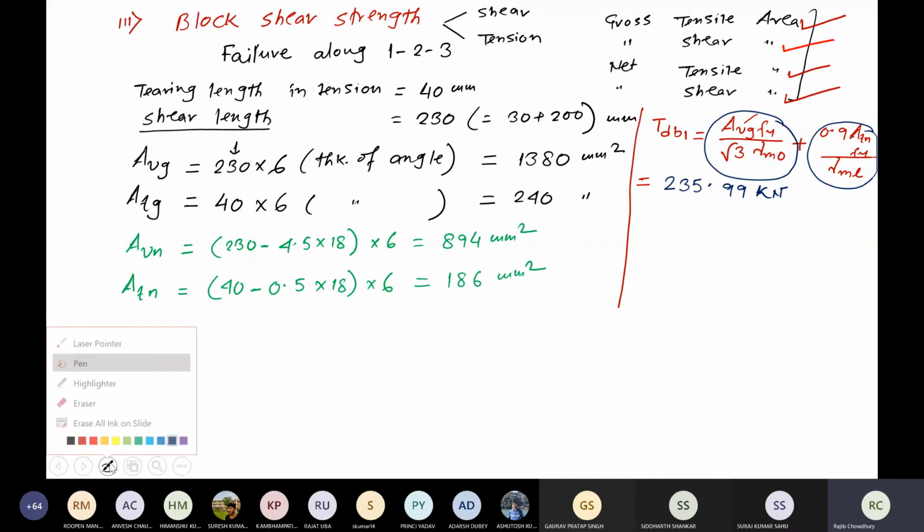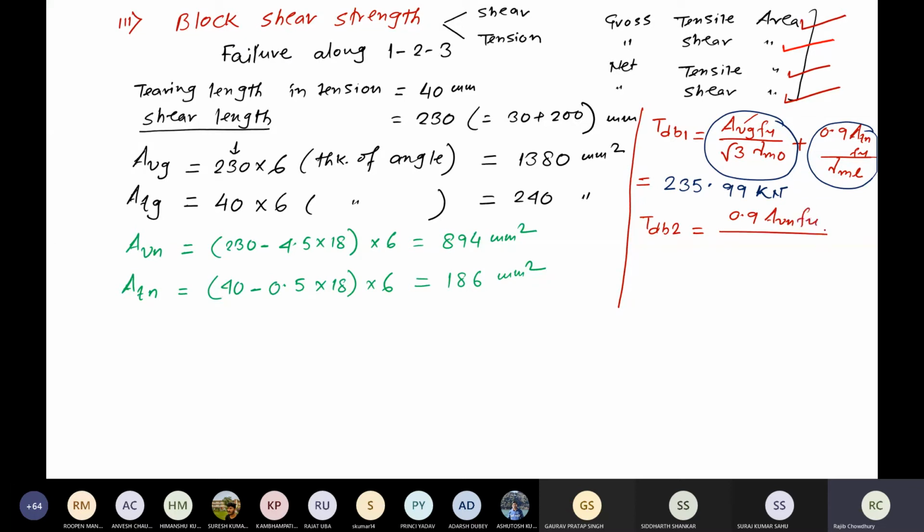The next thing is another formula I have to utilize, Tdb2. It also has two components. The two components are 0.9 times Avn times Fu divided by square root of 3 times gamma m1.